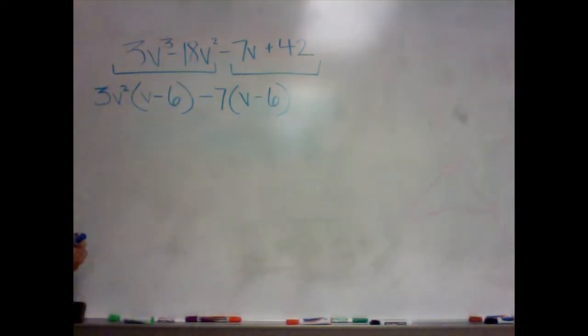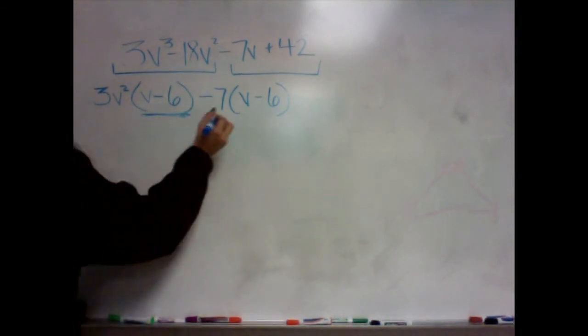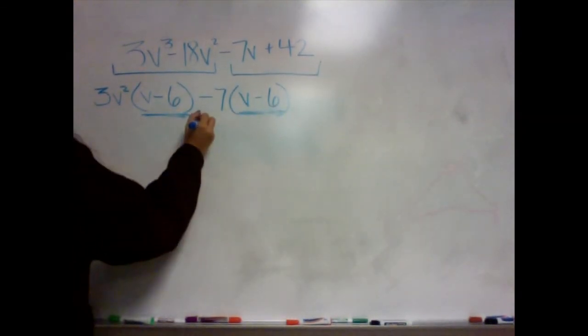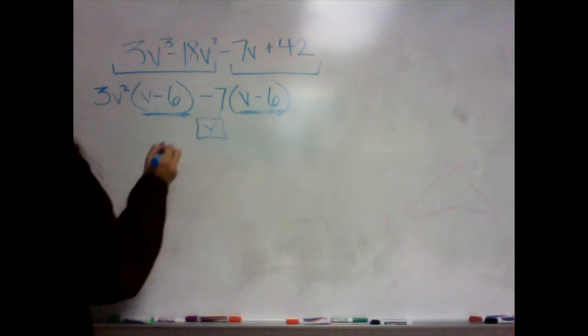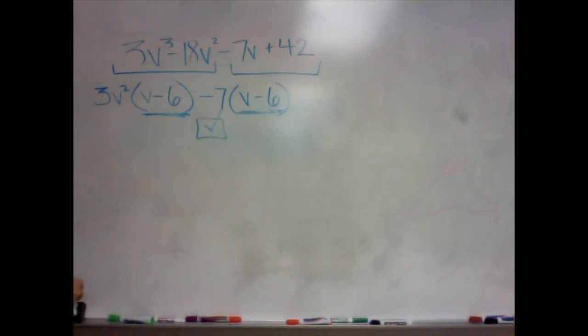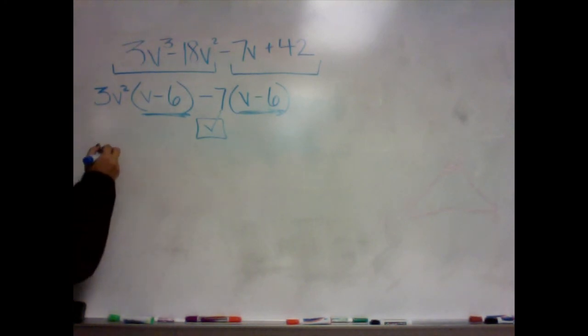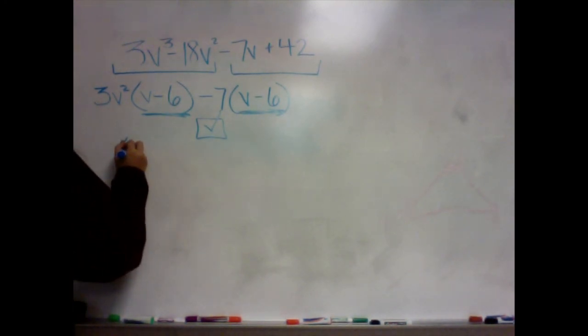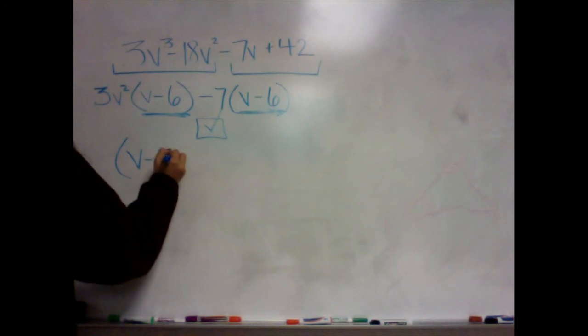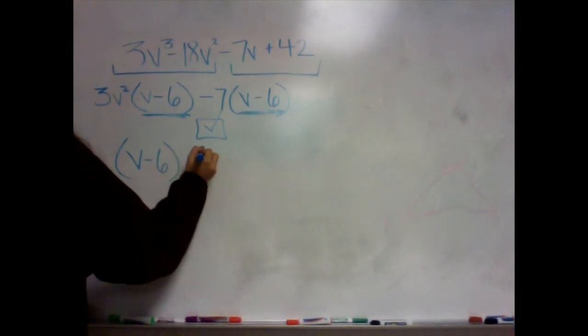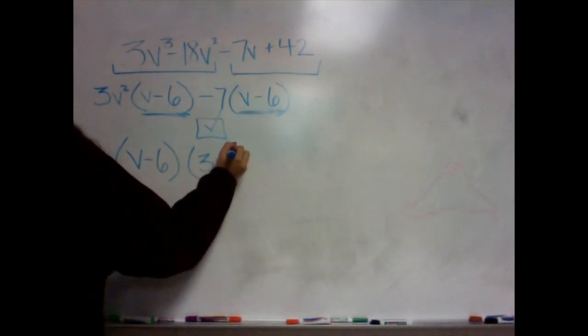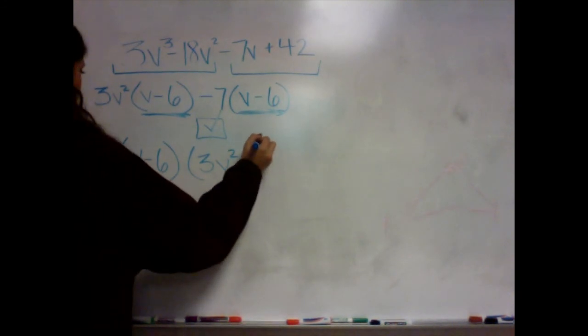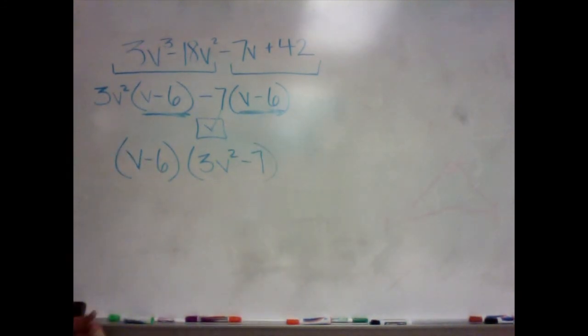As you can see, both of the terms inside the parentheses are the same. And as we said, if so, good. Now what's left over is v minus 6, which is what's in both the parentheses, and it was the same, so that means it's right, and 3v squared minus 7, which is what's left over.